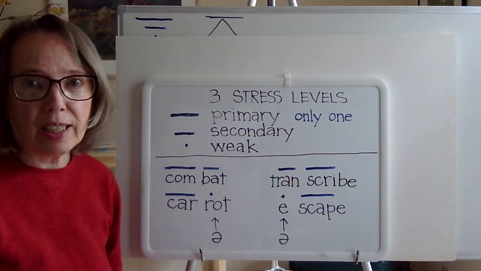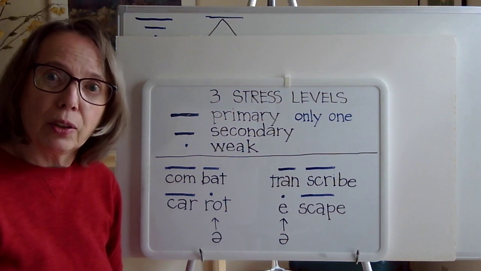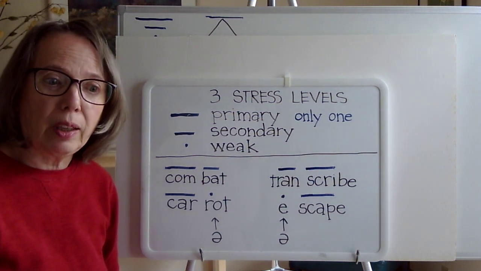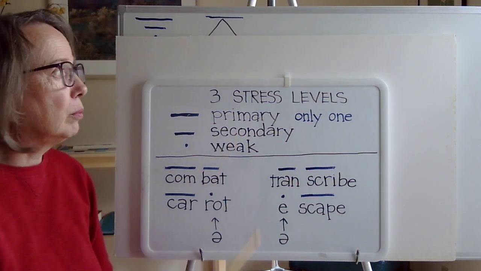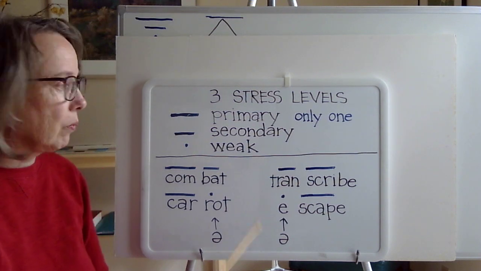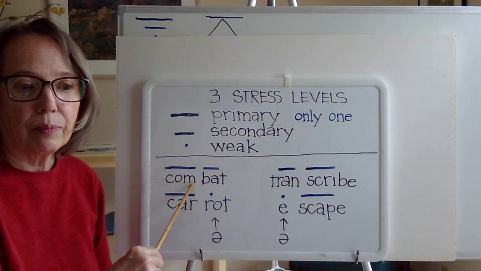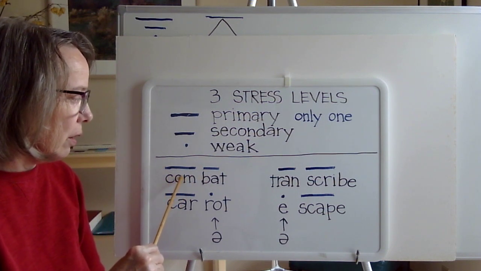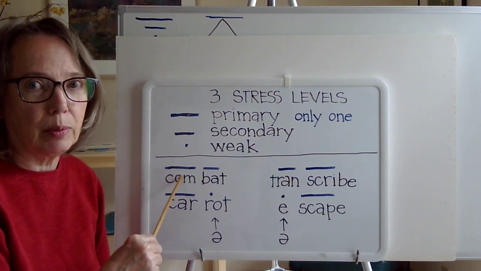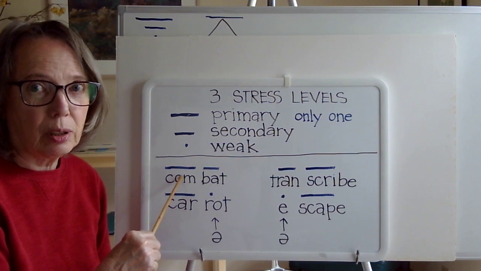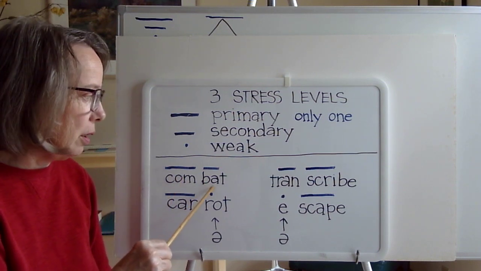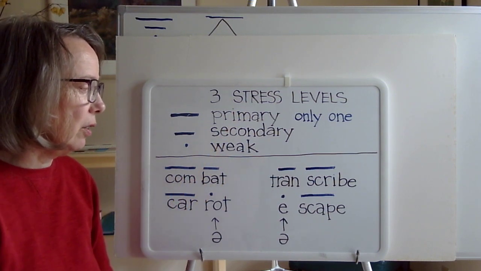And I have 4 examples of the 4 combinations with these levels of stress. So the first one, combat. It has the primary syllable on the first syllable, and the second syllable is secondary.